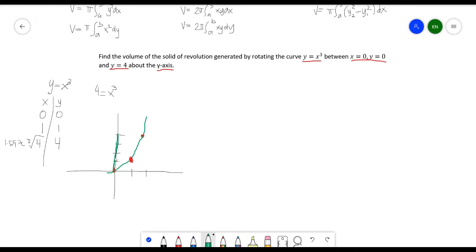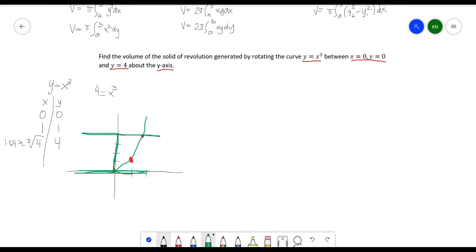This is our x is equal to 0, right? Now we also have the boundary y is equal to 0. So meaning to say our plane is bounded by here. And we also have y is equal to 4. So as you can see now, our solid of revolution is now bounded or is now closed.